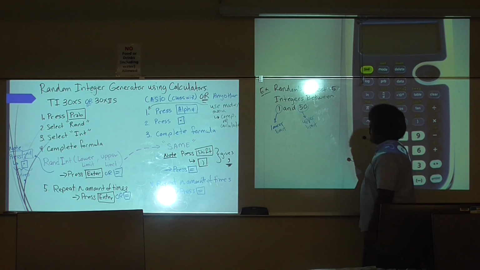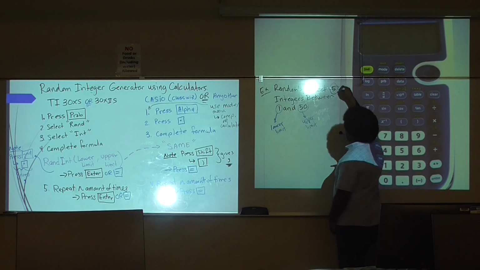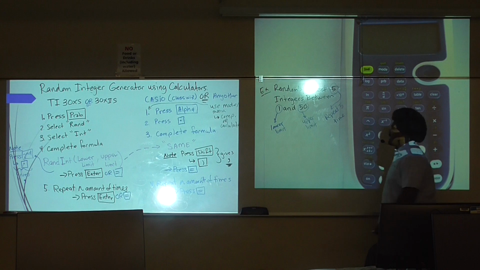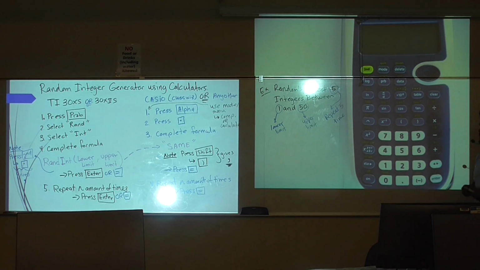And we want to do the selection 5 times, so this number says that we need to repeat 5 times.